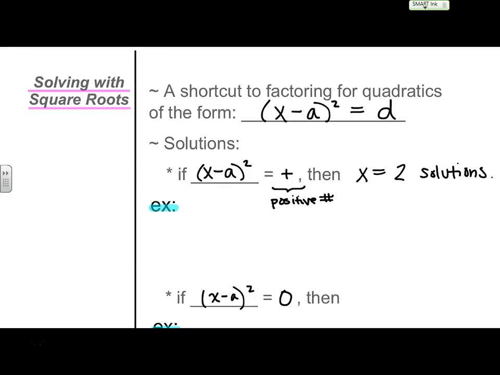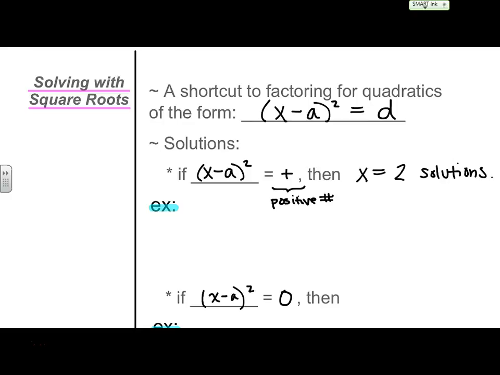This gets tricky. If I was to give you the following example, eyes up here.